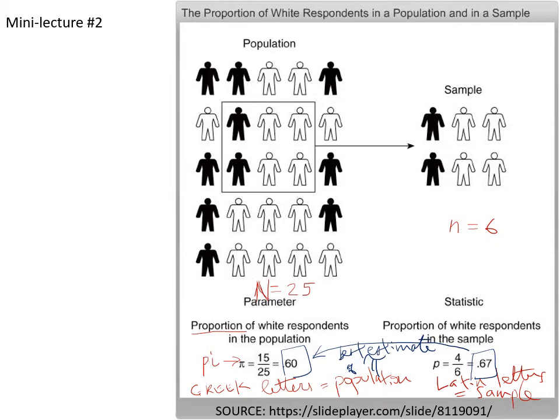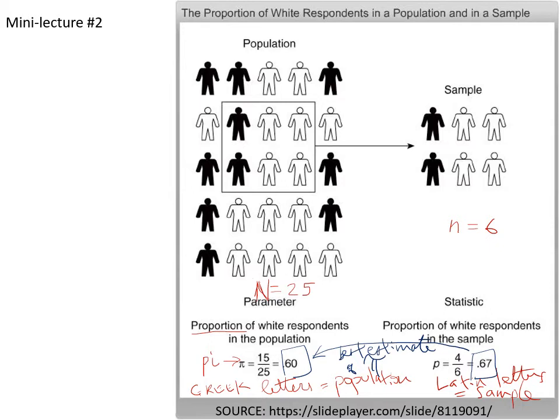And if you took repeated samples of, say, size 5, you would get values that tend to be closer to 0.6. Hold on, yeah, because you would have 3 white people and 2 black people. So this doesn't mean every sample selected is going to be 0.67, but on average, repeated random samples will produce an estimate that's relatively close to this population parameter.